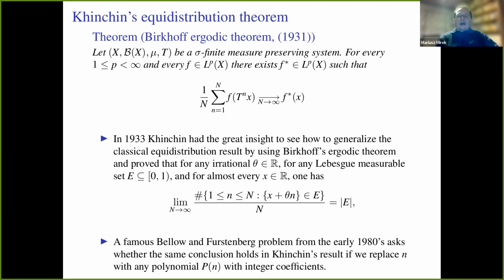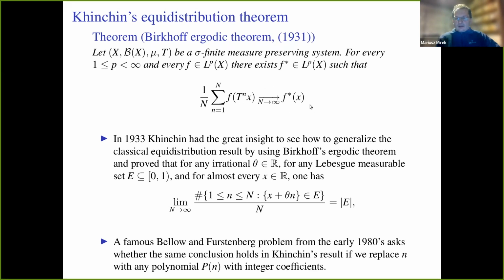He was able to extend the Weyl equidistribution theorem to Lebesgue measurable sets. And he observed that if we use the Birkhoff pointwise ergodic theorem, which asserts that for every function in L^p, whenever p is bigger or equal to 1, the following limit exists in measure preserving systems.